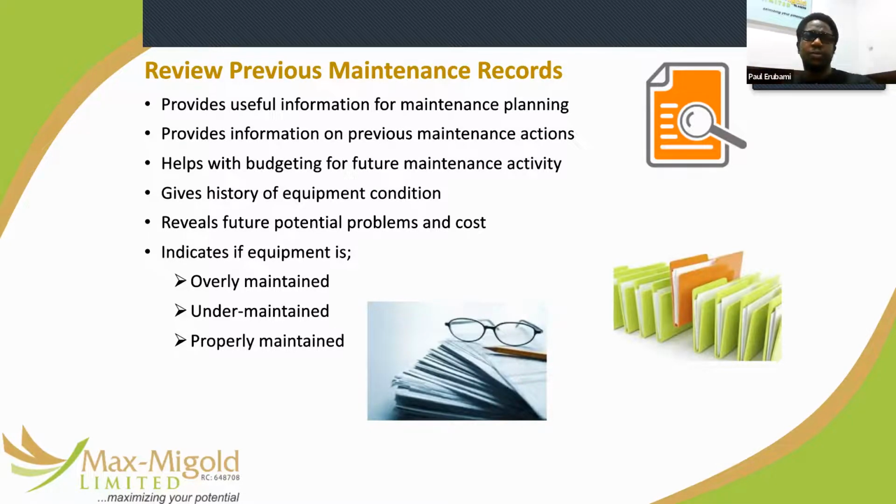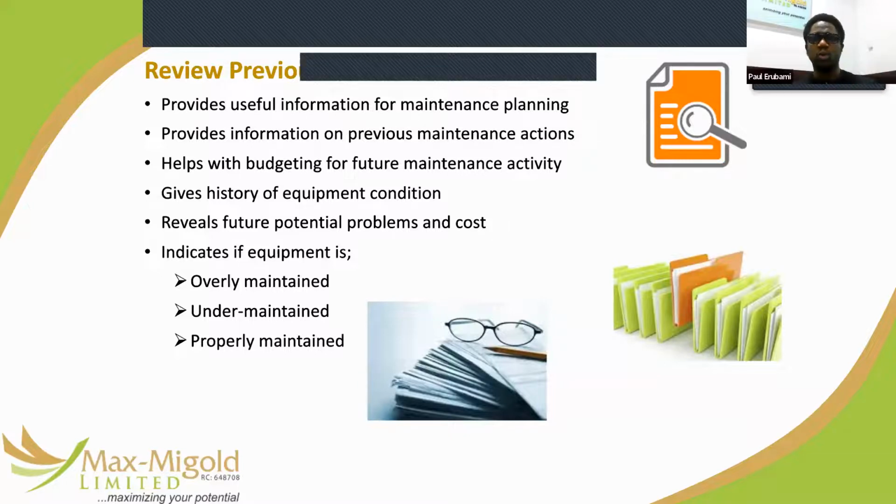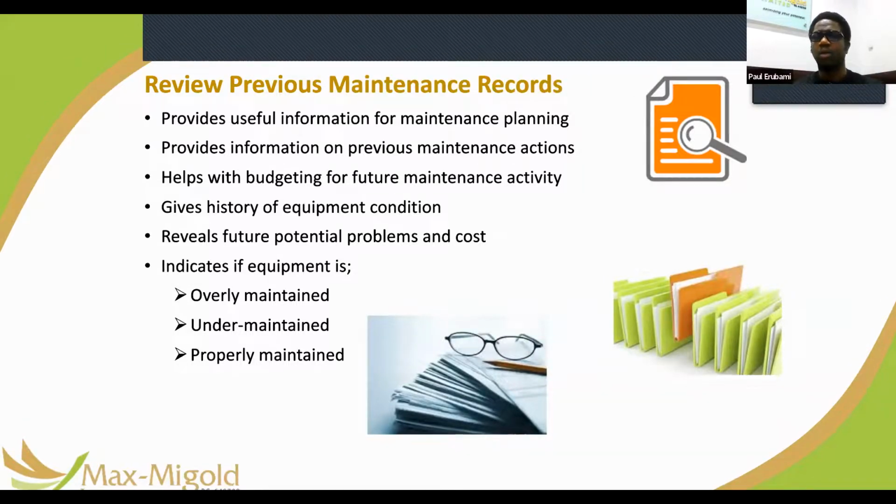You also need historical information on how maintenance has been carried out on that asset over time. It provides useful information for the maintenance plan. It provides information on previous maintenance actions and helps with budgeting for future maintenance activity, because if you know what's been spent on the assets in the past, you know how costs have run on that asset, and how many parts or components have been replaced. It gives you an indication of what to expect.